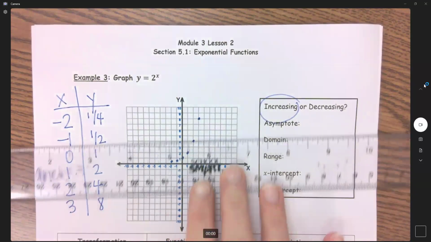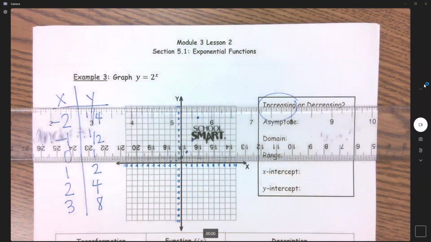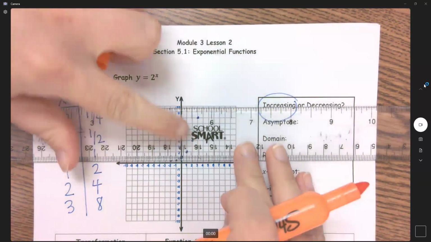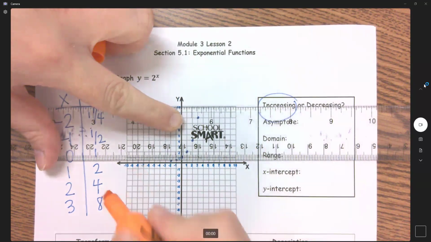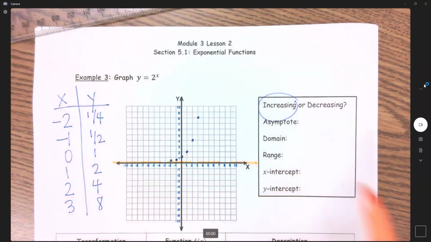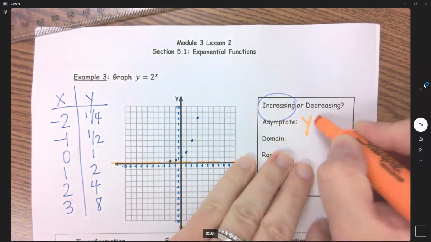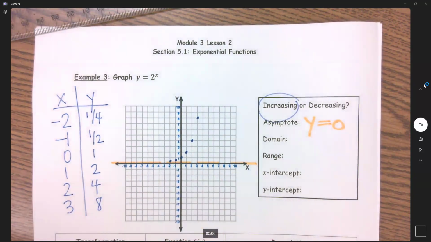So what we have going along this x-axis here is a horizontal asymptote at y equals 0. Now it looks like my asymptote's a little above. If anything, I probably should have made that a little bit below.